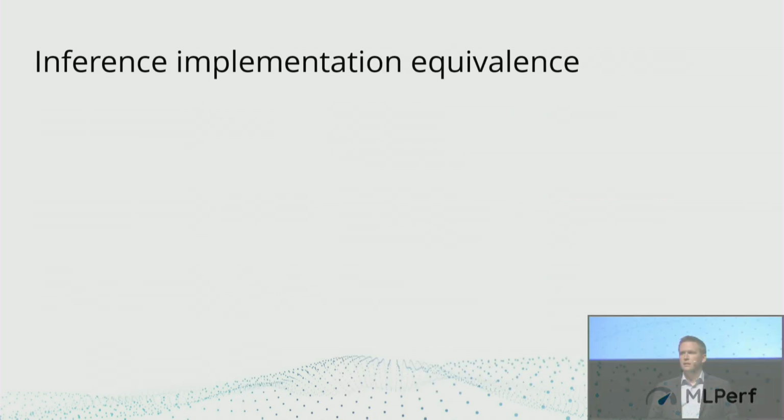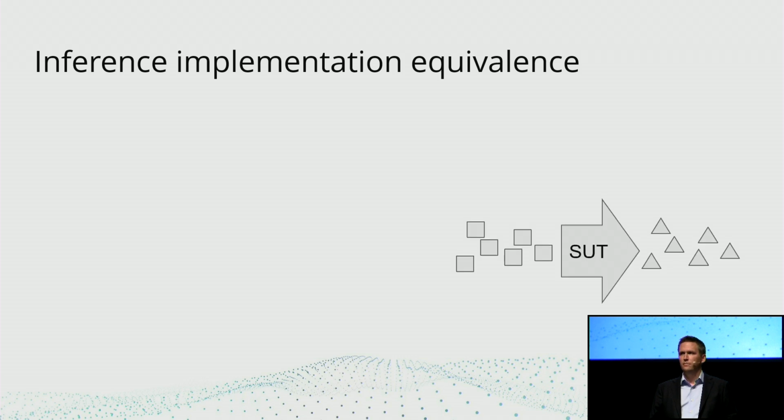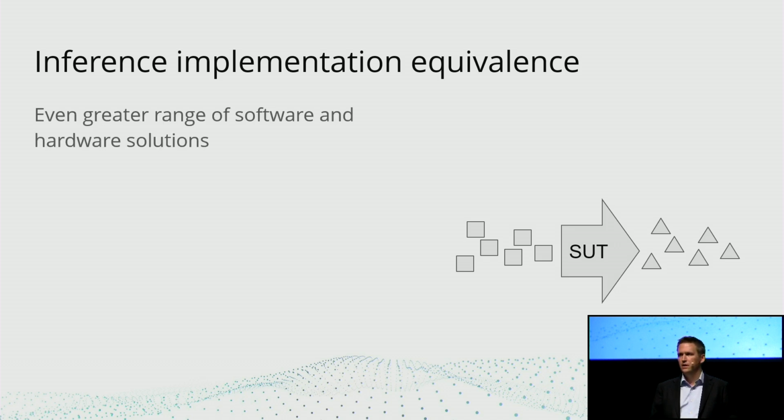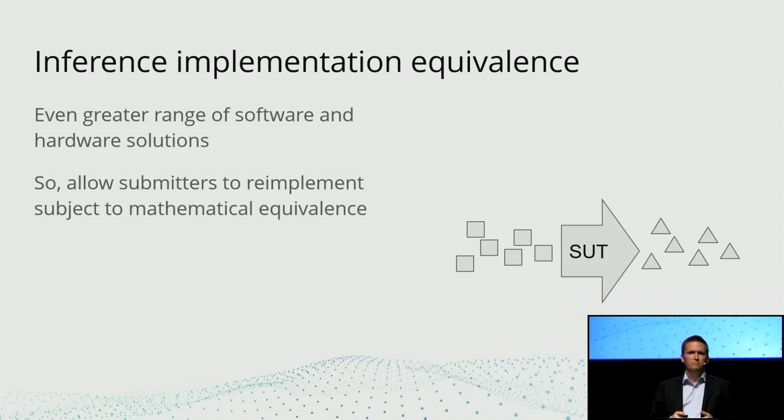Inference also has the implementation equivalence problem. You have some set of inputs running through your system under test and producing some set of results. Even greater range of software and hardware solutions. We do allow people to re-implement, same mathematical equivalence requirement, and we impose some additional constraints that let us check whether systems are at least basically equivalent.